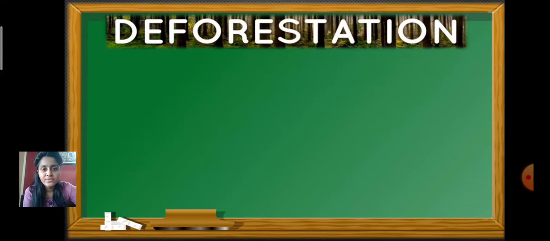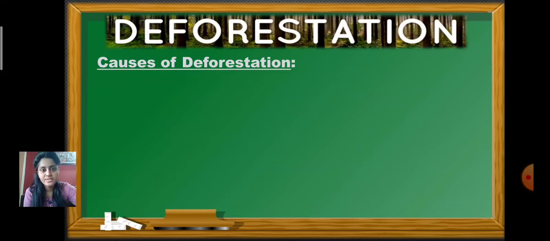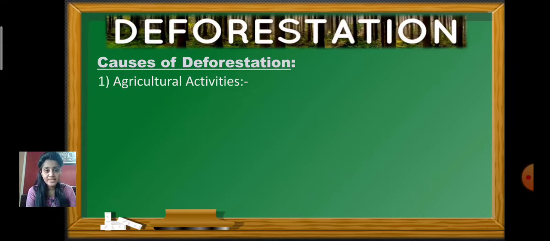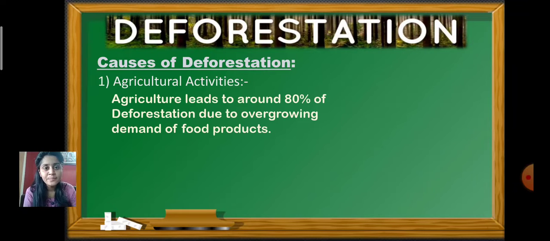Now we'll see the causes of deforestation. What causes deforestation? The first one, agricultural activities. How do agricultural activities cause deforestation? Agriculture leads to around 80% of deforestation due to overgrowing demand of food products. Why is the demand of food products growing? Because of the growing population.